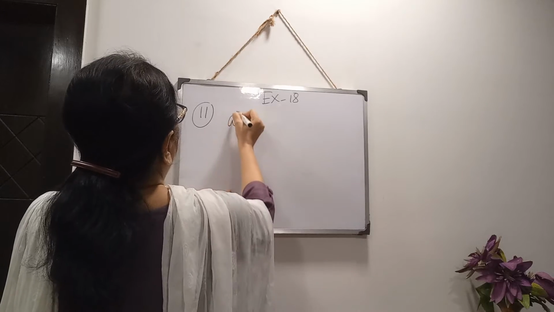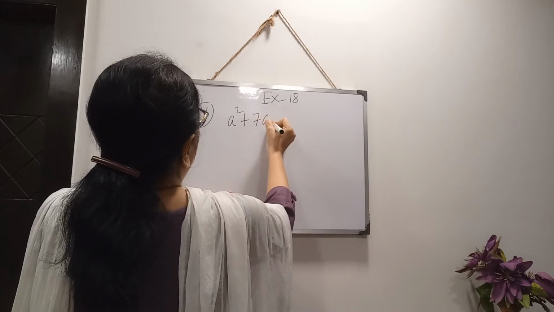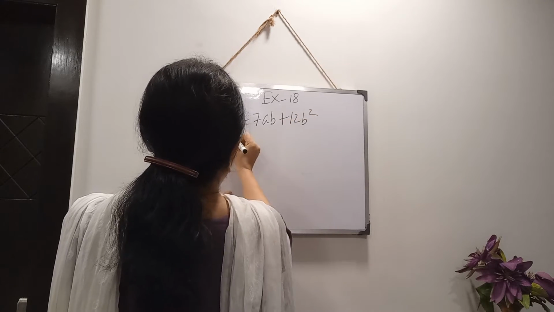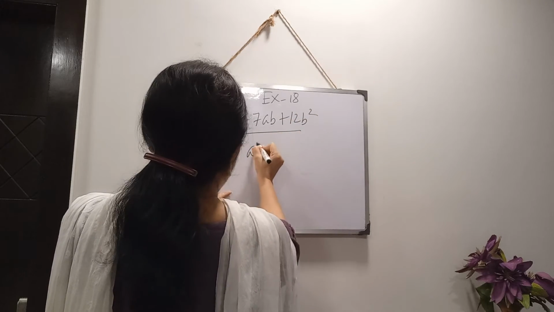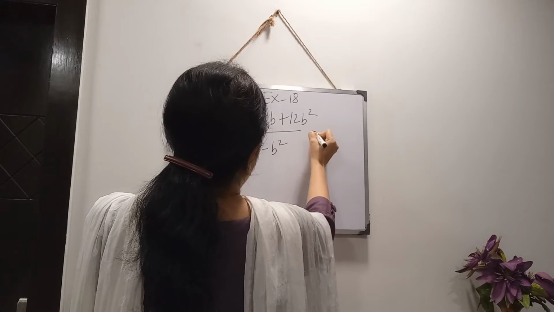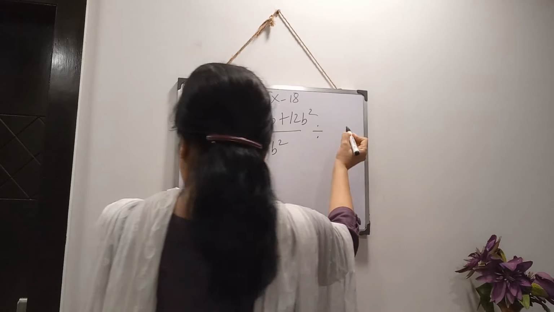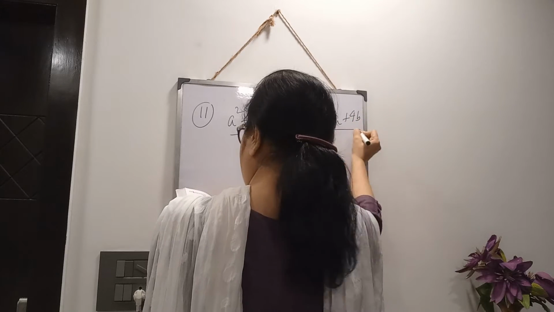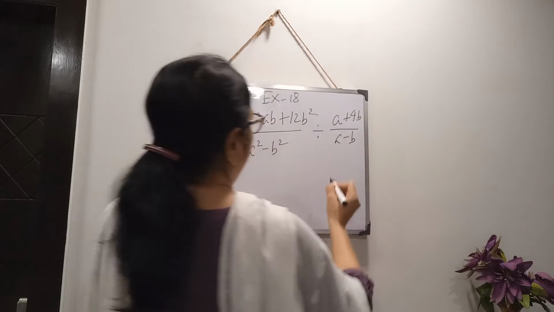A square plus 7ab plus 12b square by a square minus b square, division sign, a plus 4b by a minus b.